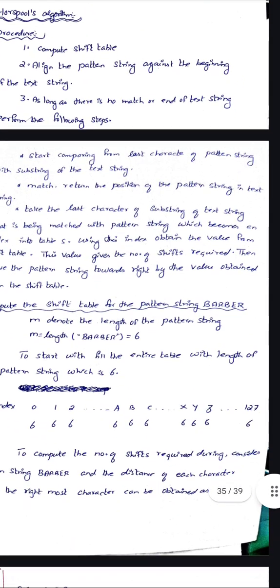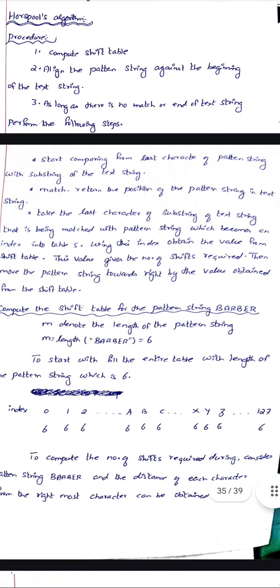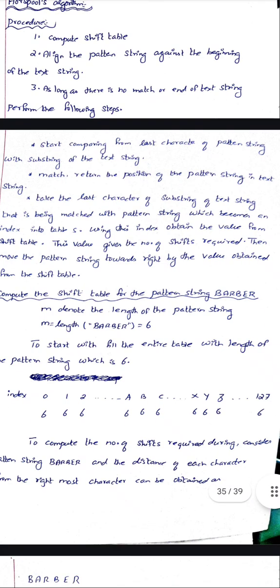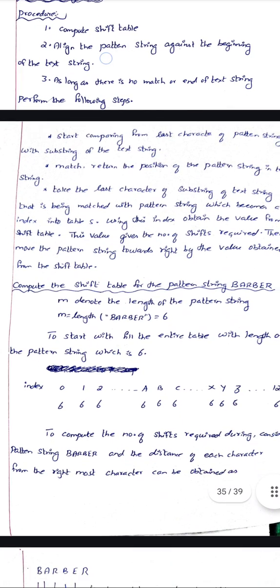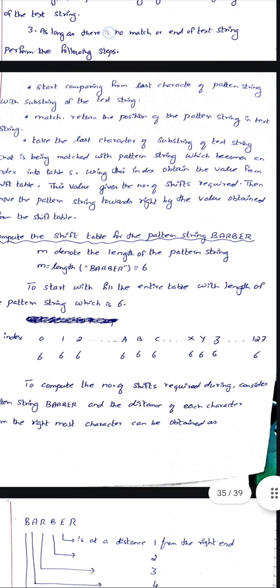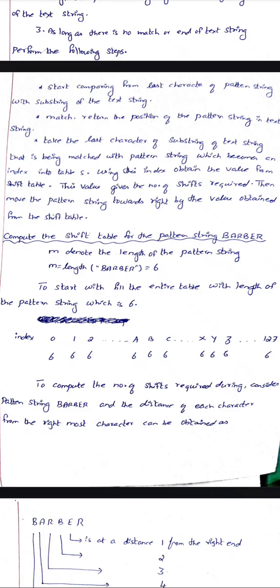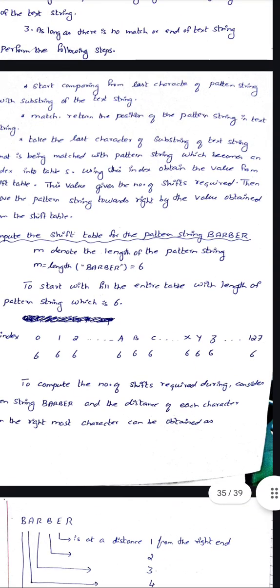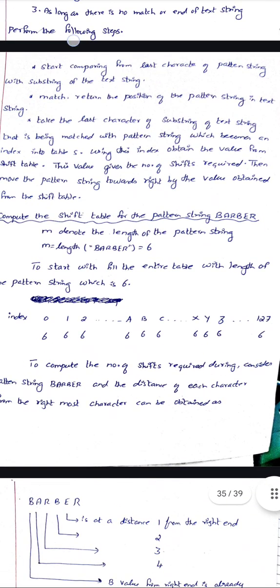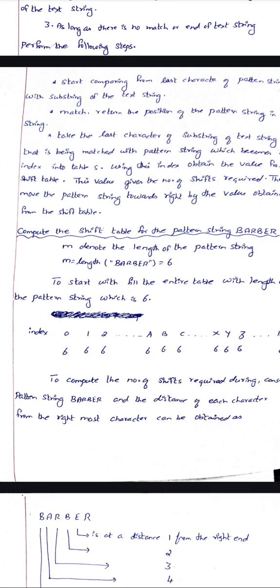Align the pattern string against the beginning of the text string. As long as there is no match or end of text string, perform the following steps. Start comparing from the last character of the pattern string with the substring of the text string. If they match, return the position of the pattern string in the text string.